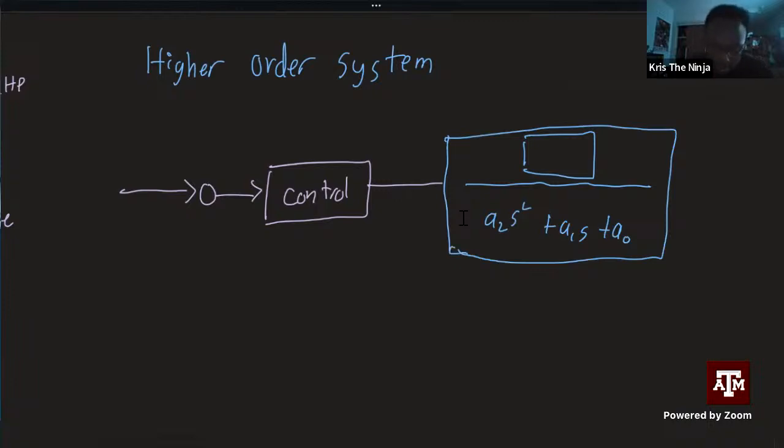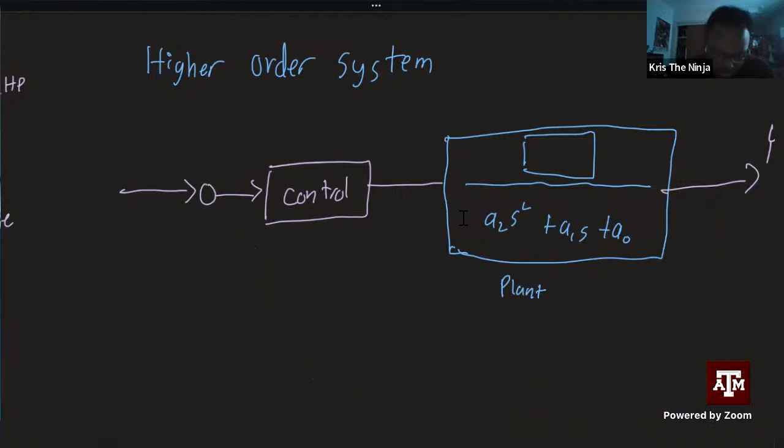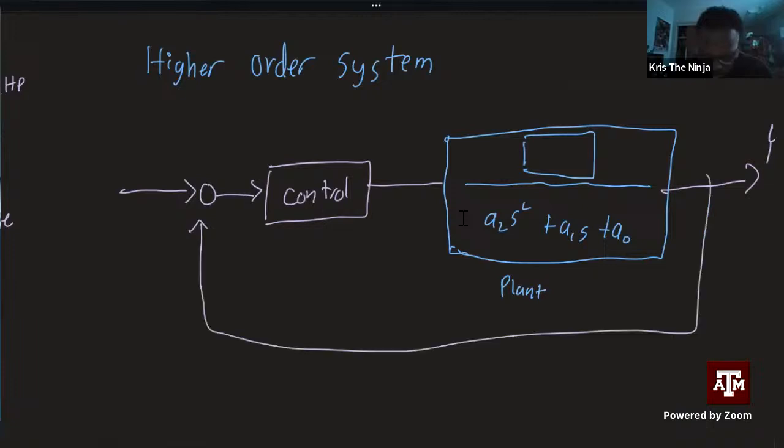That comes out to a Y. This is our plant, and that loops back to the input. So, a higher order control system.